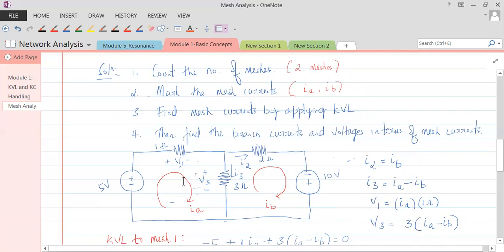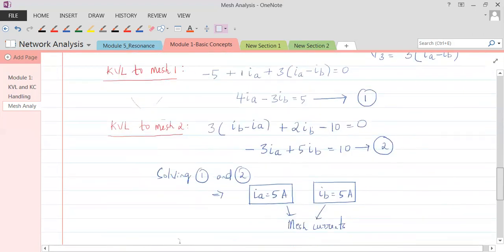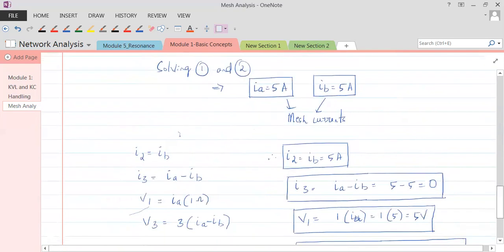In mesh analysis, we have to find the mesh currents first. After we find the mesh currents, the branch currents and branch voltages are expressed in terms of mesh currents to find the currents and the voltages asked. See here, that is what we've done. Since I2 is IB, it is 5 ampere.